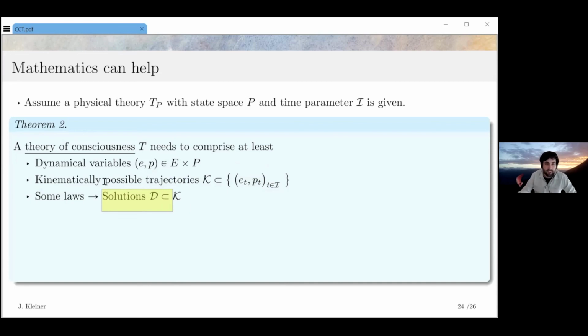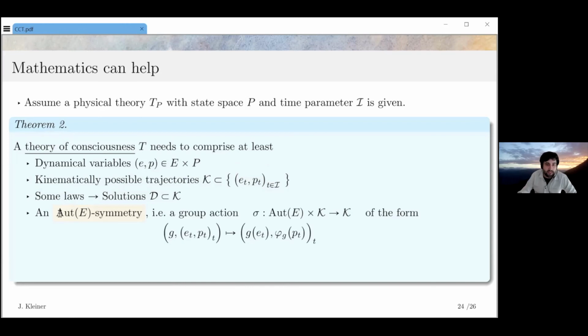But something that actually follows from that theorem is something more, namely, there needs to be a particular symmetry. E is the space of states of consciousness, Aut E are the automorphisms of that space, and the theory needs to carry an Aut E symmetry. And here's what this means.